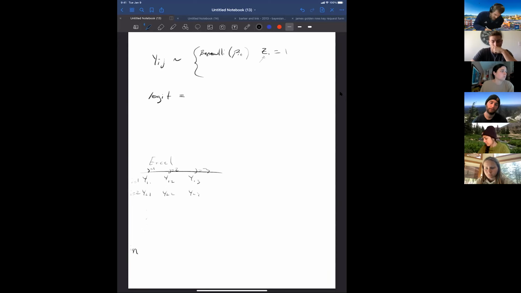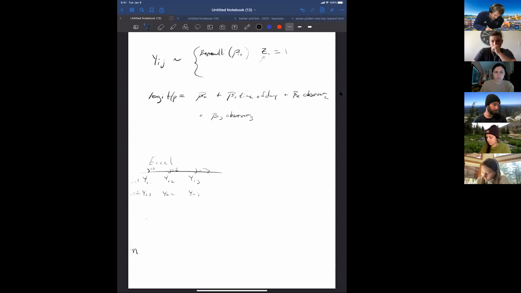And we say this equals beta 0 plus beta 1 times, let's say, time of day, plus beta 2 times observer 2, plus beta 3 times observer 3.